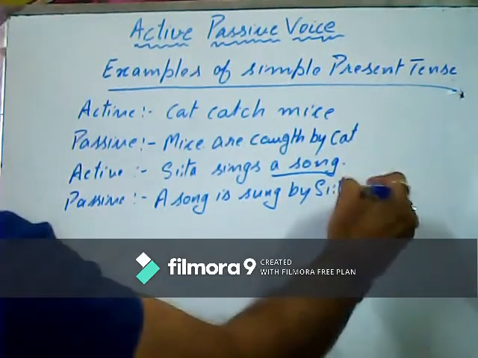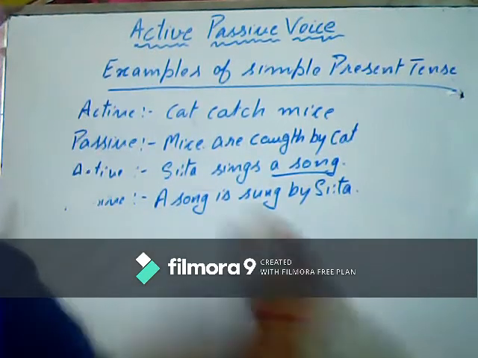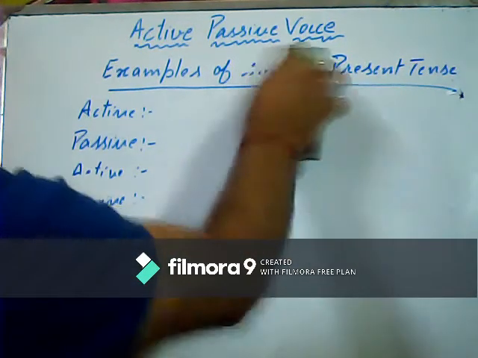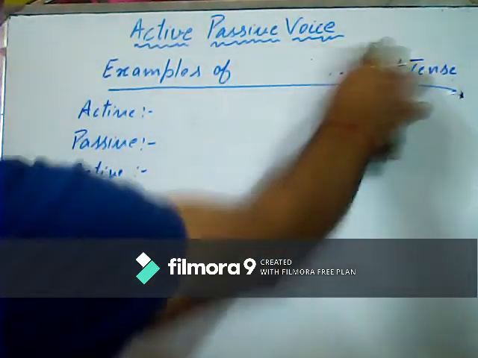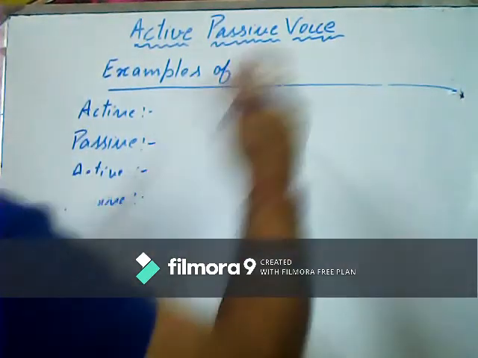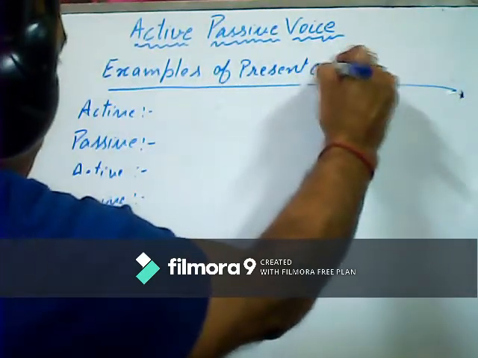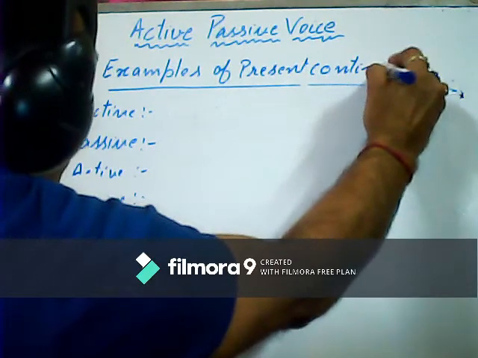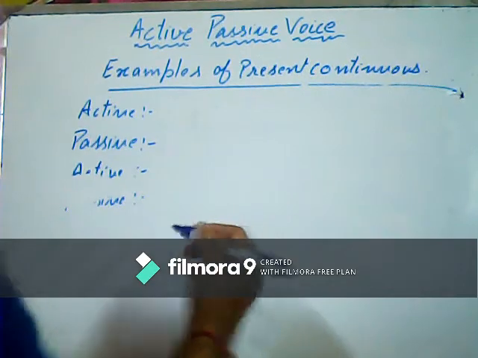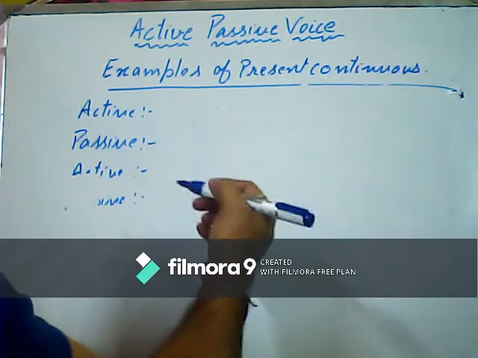Okay. Now we'll take few examples. Now we take the example of present continuous. Now present continuous, we take example, children are flying kites.